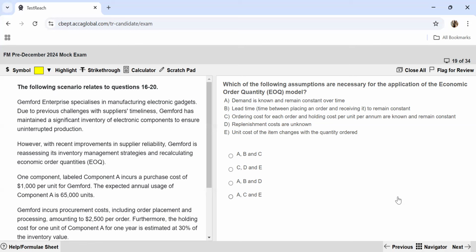You need to bring more goods, purchase more goods. So we know that, right? That's why this statement will be eliminated. E says unit cost of the item changes with the quantity ordered. Now, this is also false. We are assuming that each unit is going to be the same price. So D and E get eliminated, which leads us to A, B, and C as our answer.